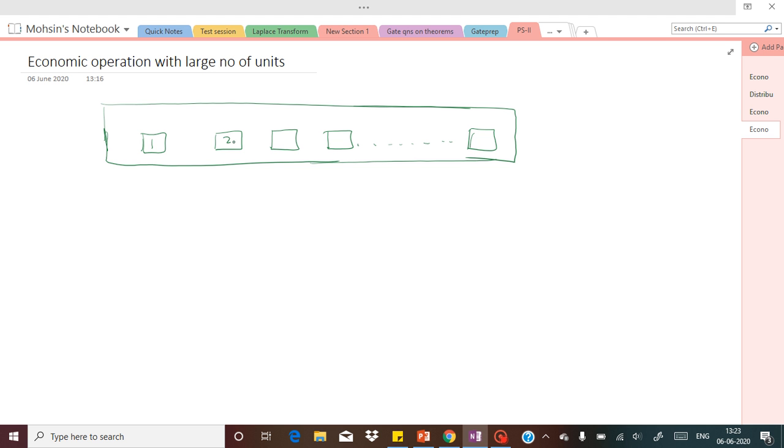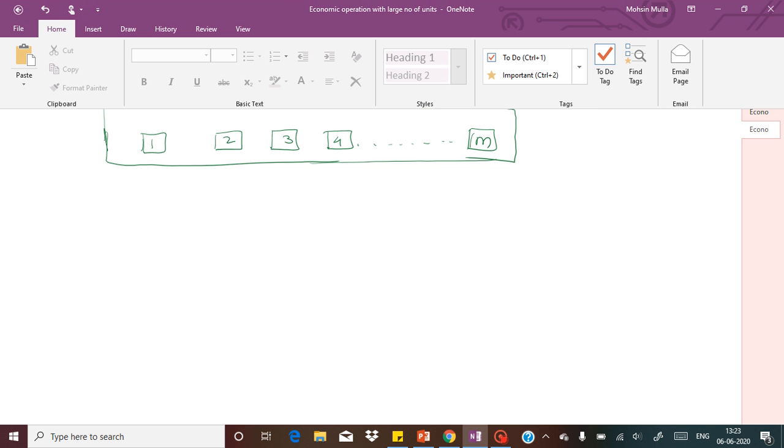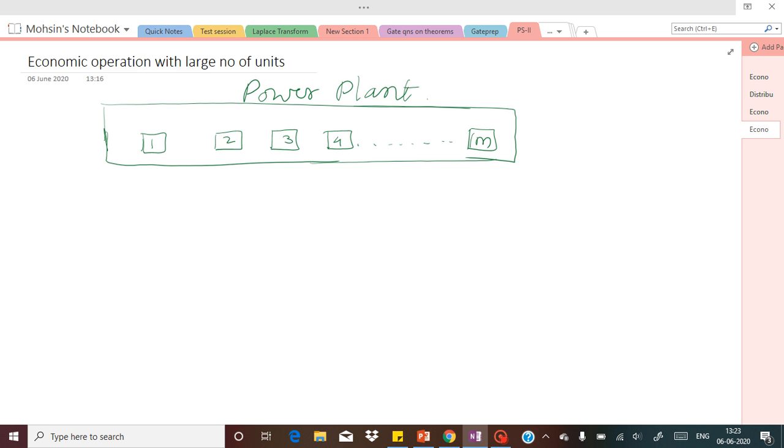So we can say that there are a certain number of units operating in the power plant. Now we have to obtain the condition at which this particular plant is going to be operating with economy. So there will be an economic operation.